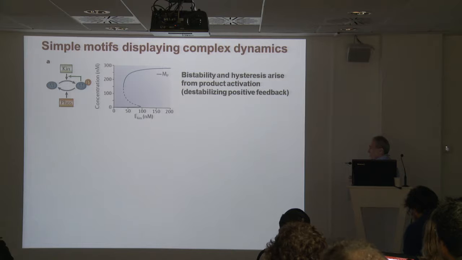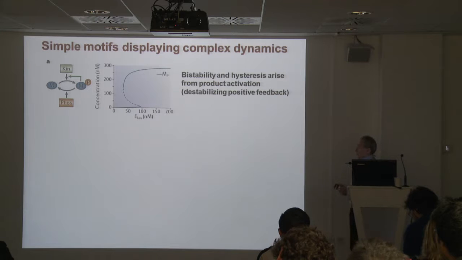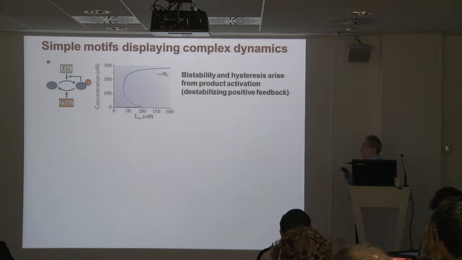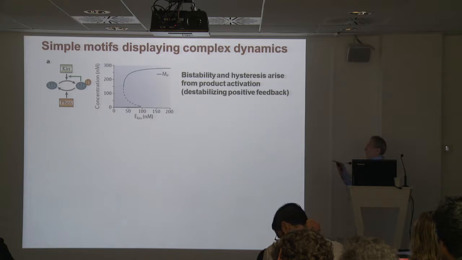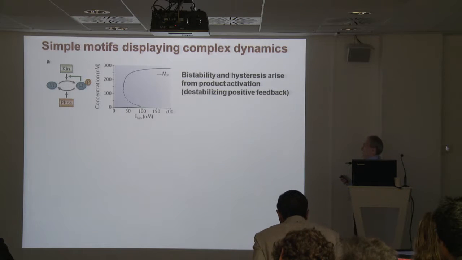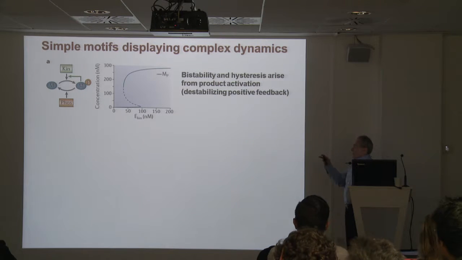Now, it appears that not only complex systems can exhibit very intricate dynamics, but also very simple systems. So this is a universal cycle of protein phosphorylation and dephosphorylation, which is catalyzed by kinase and phosphatase. And this is a module of almost any signaling system.